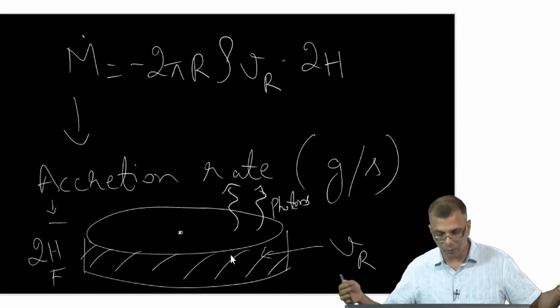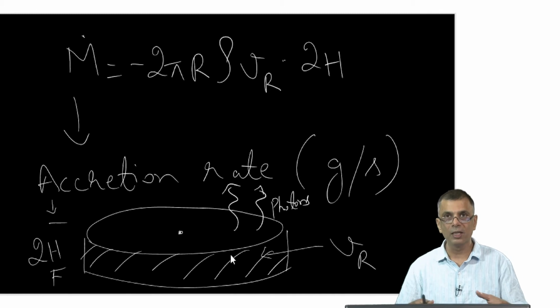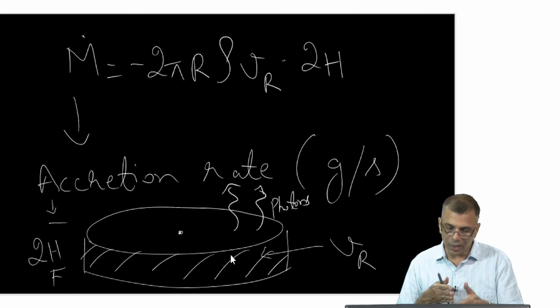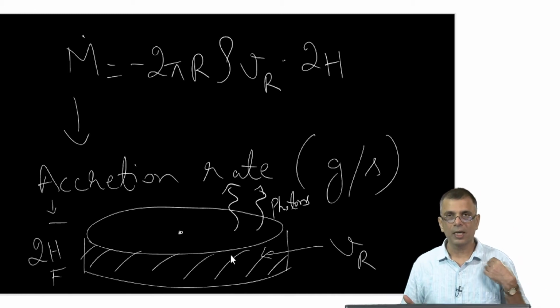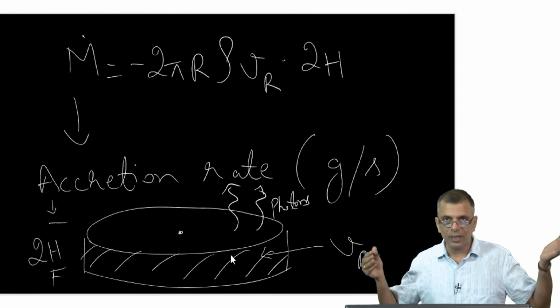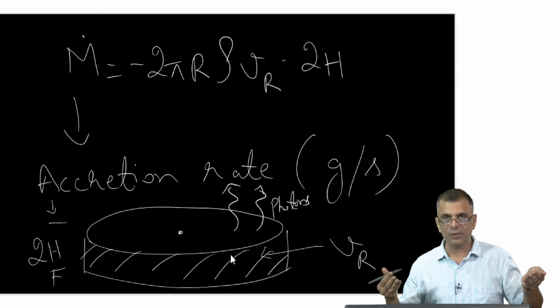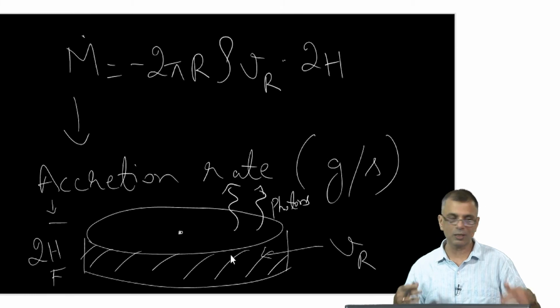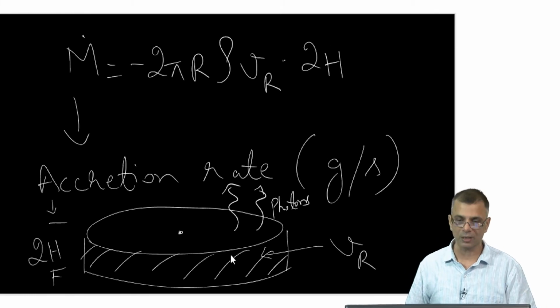The viscosity which enables the disk accretion to proceed results in heating of the disk, right, and the disk gets heated, its black body temperature rises and it emits electromagnetic radiation which enables us to see the accretion disk.